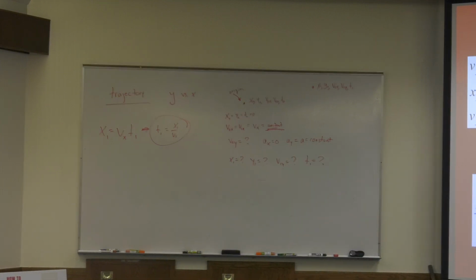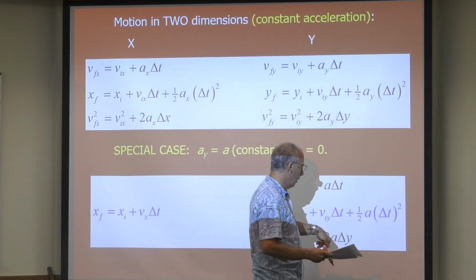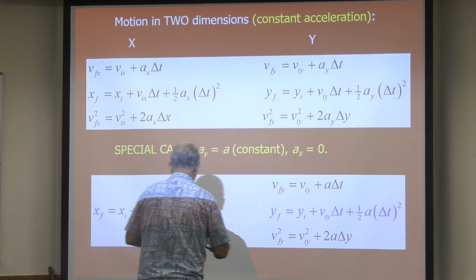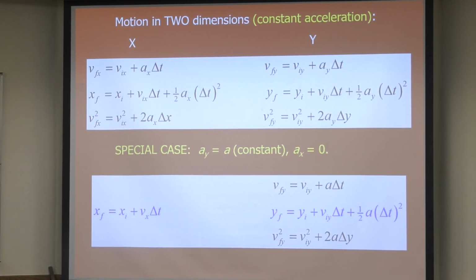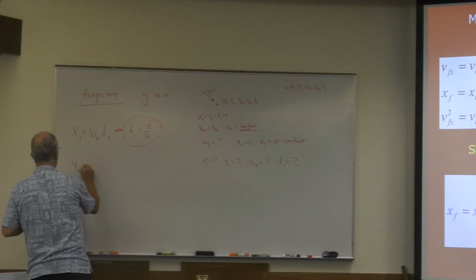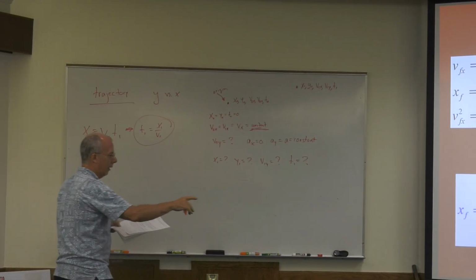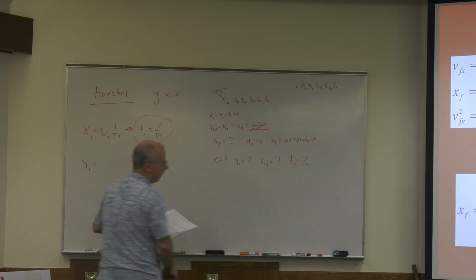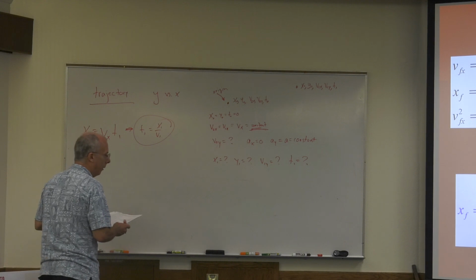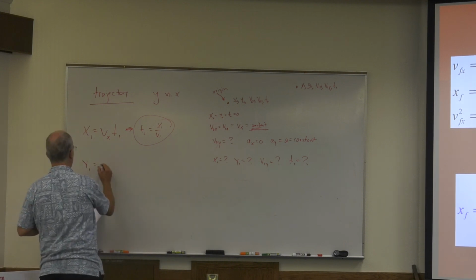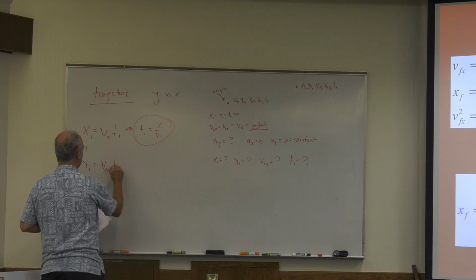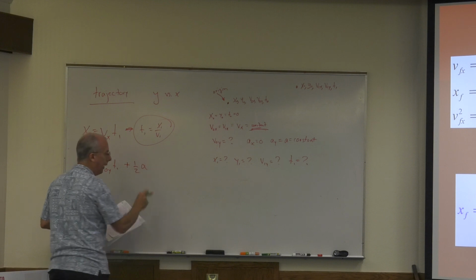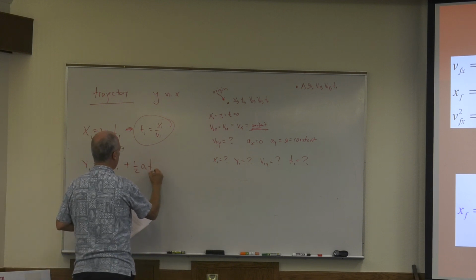Here we go, the y equation. Y initial is 0, goodbye. So I have y1 equals v0y t1 plus 1/2 a t1 squared.